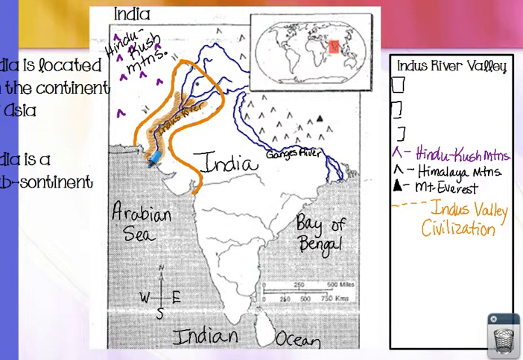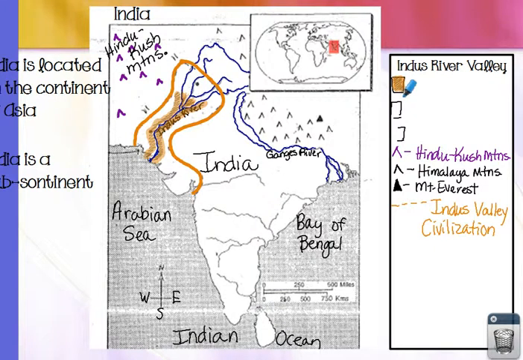So now we're going to come over here to this box, and we are going to color this in orange. Alright, then you're going to take your brown and you're going to do the same thing that you did and just kind of shade over it in brown.